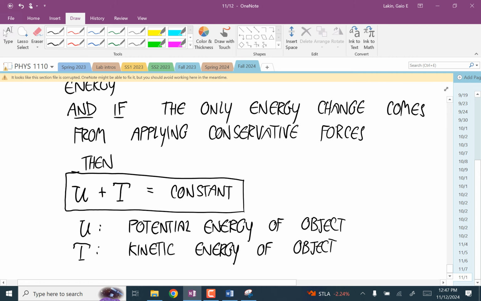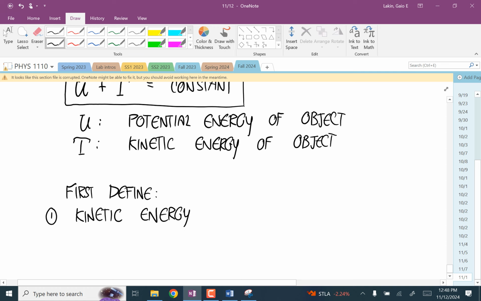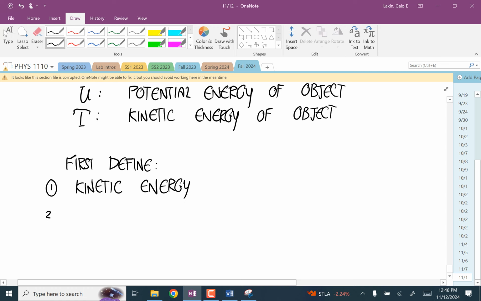Okay, so before we can use this, we need to first define a few things. So first, we haven't talked about what kinetic energy is, so we have to define that. Then we'll have to define what's called the work.